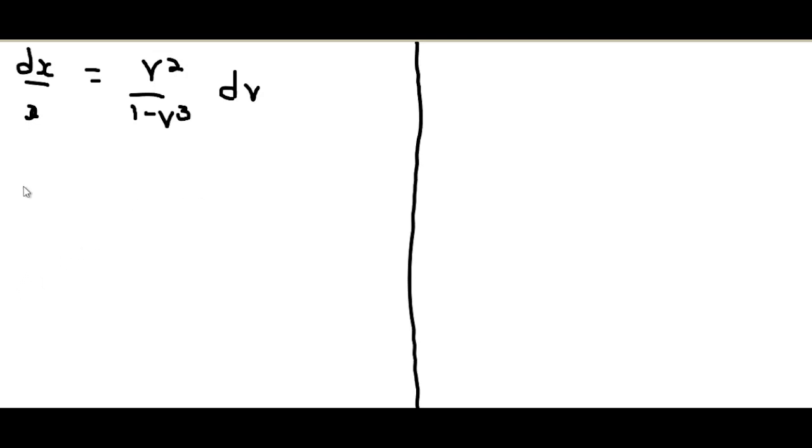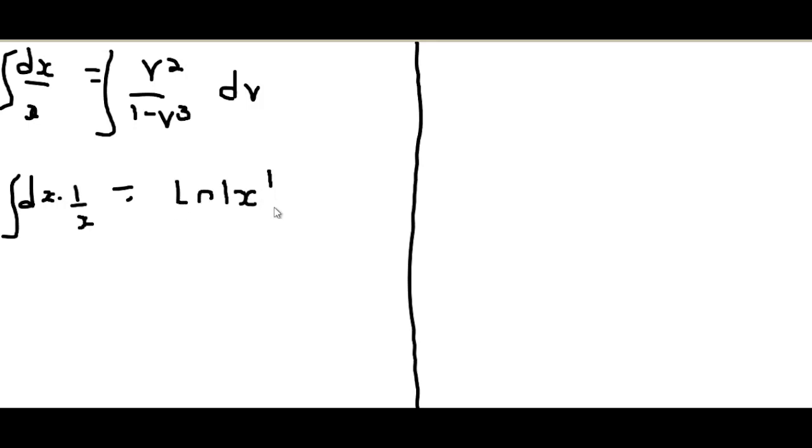We can integrate on both sides. So here it's like dx multiplied by 1 over x, and you've been told to integrate it. So the integral of 1 over x will be ln x. You can write it just like that, and then we go and start solving this other side.